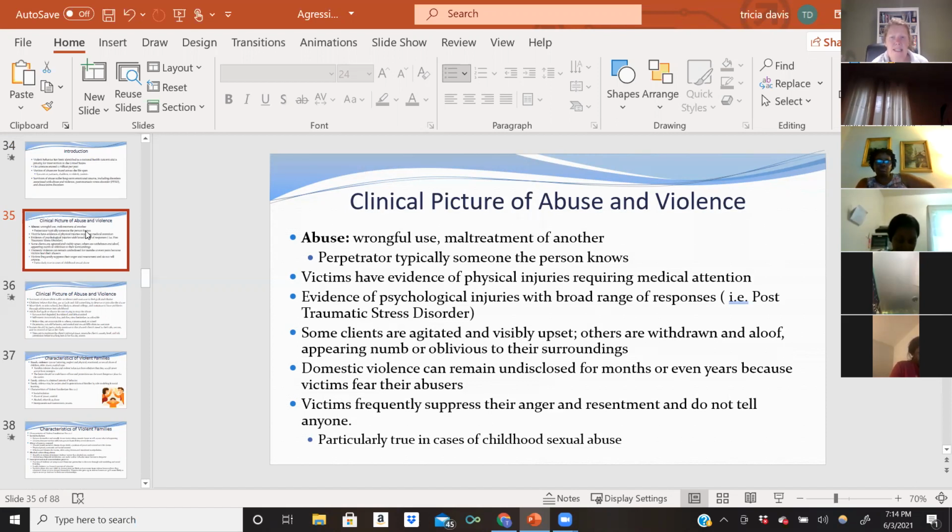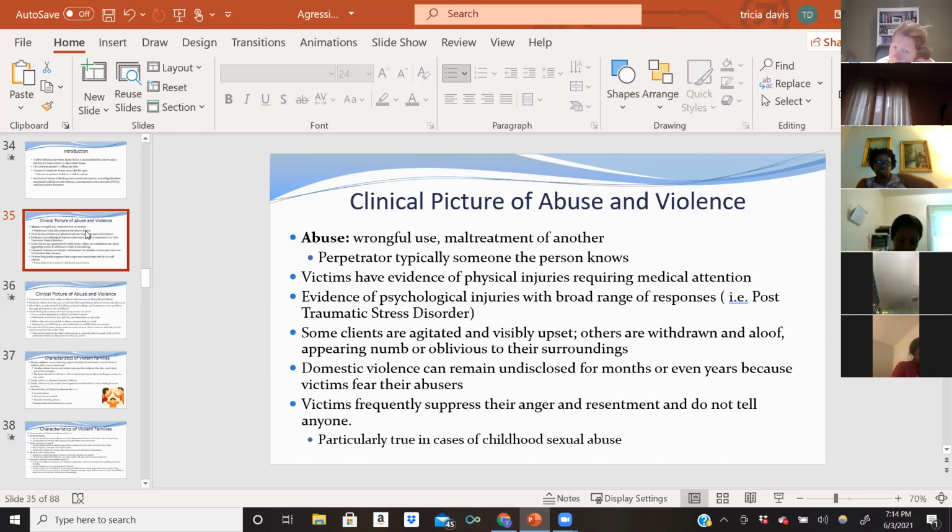Some clients can be noted to be agitated and visibly upset if they've been abused. Others will present as withdrawn and aloof. Some of them will appear numb or oblivious to their surroundings. Everybody reacts to abuse differently.